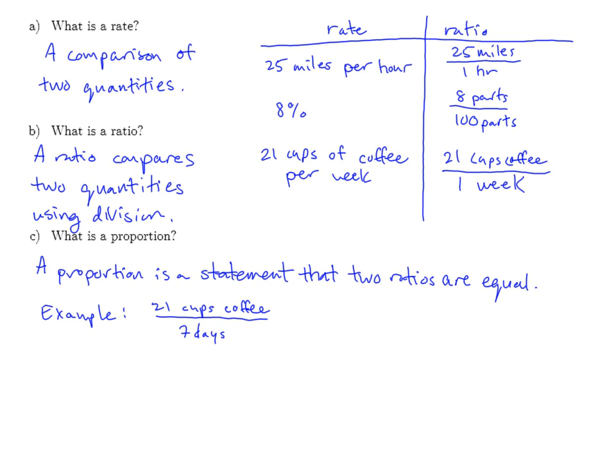And then I'm going to write the obvious equivalence, which is that if on average we have 21 cups of coffee in 7 days, then that's going to be proportional to 3 cups of coffee in 1 day. Noting that in these, coffee is in the numerator of each, days are the units in the denominator of each. And those two ratios are considered equal, they're proportional.